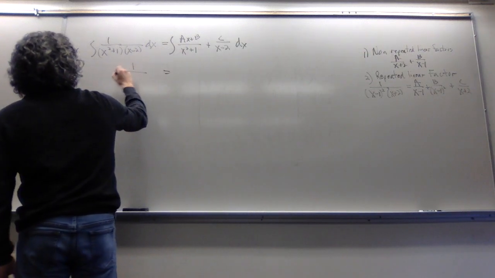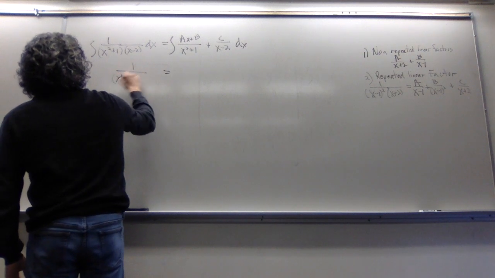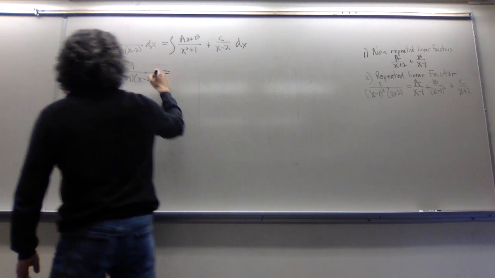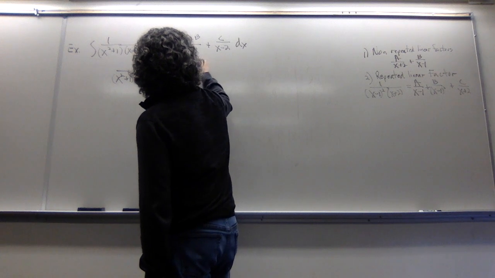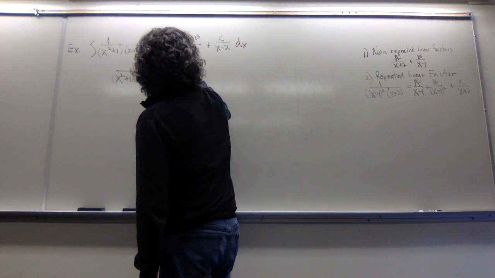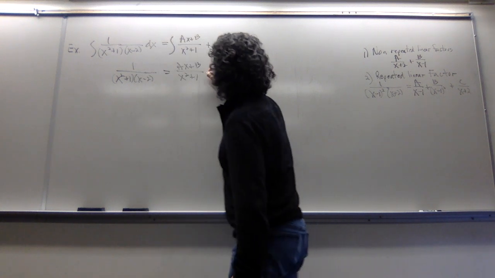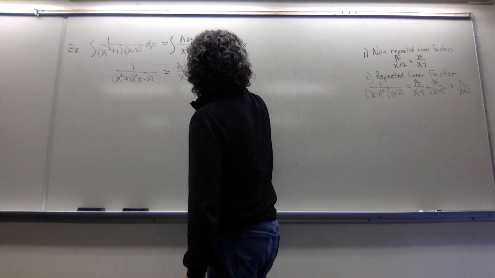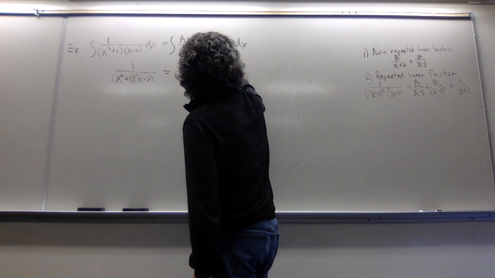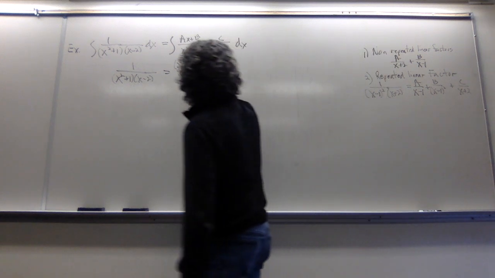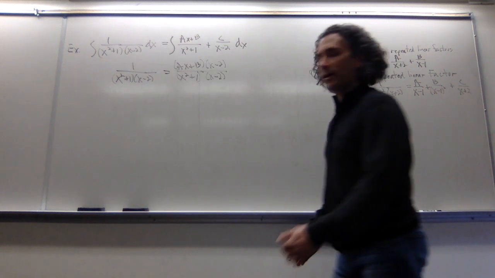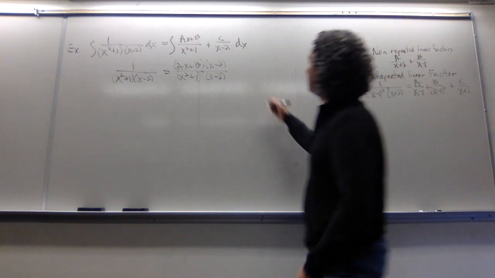So we have 1 over x squared plus 1 times x minus 2 on the left. That's going to be equal to Ax plus B over x squared plus 1, plus C over x minus 2. So where am I getting the x minus 2? This is the missing factor, using the least common denominator.